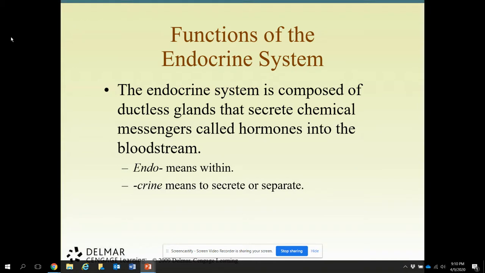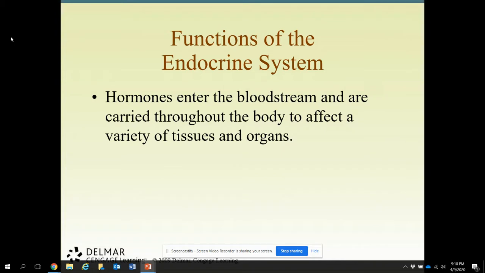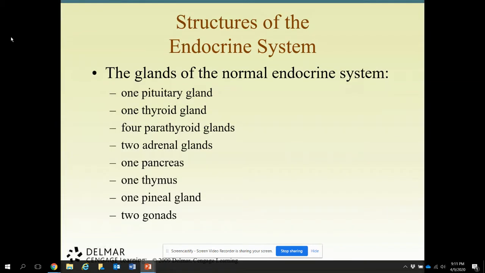So the function of the endocrine system is composed of ductless glands that secrete chemical messengers called hormones into the bloodstream. The hormones enter the bloodstream and are carried throughout the body on that superhighway, the cardiovascular system, to affect a variety of tissues and organs.